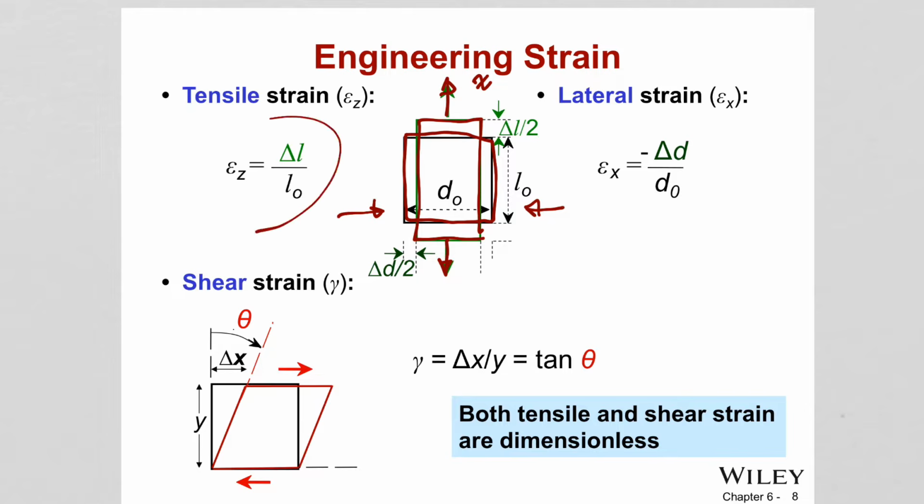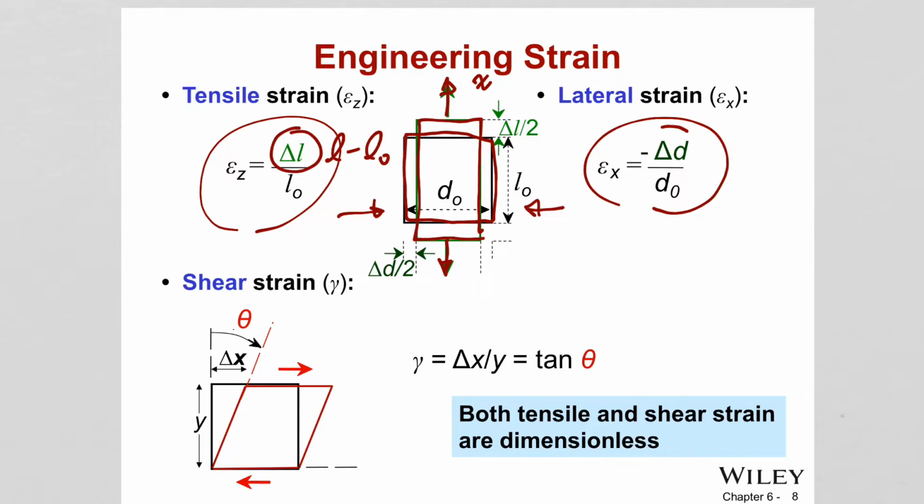So in this case, strain or the deformation with tension along the z direction is shown with epsilon subscript z, which is equal to the change in the length, which means the final length minus the original length, over the original length. So this is showing us the strain. And if you're going to define the lateral strain, which is the deformation in the transverse direction, that is the change in d.